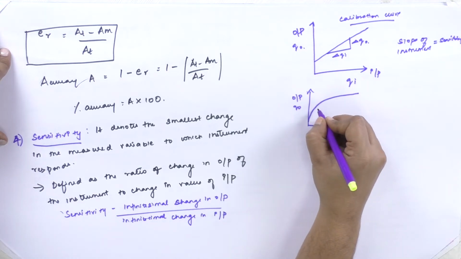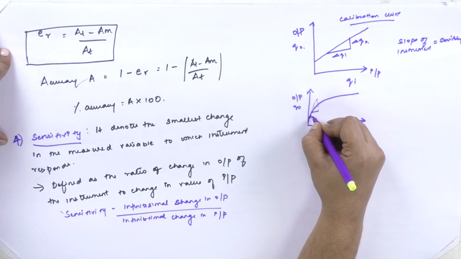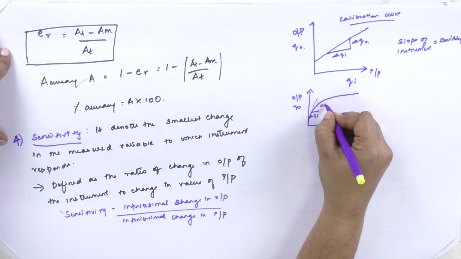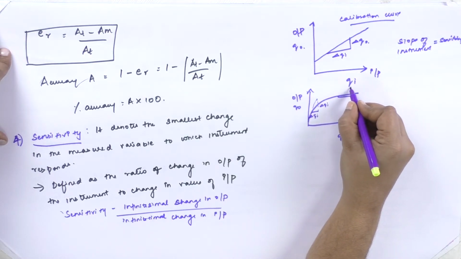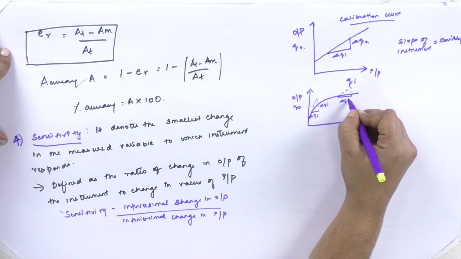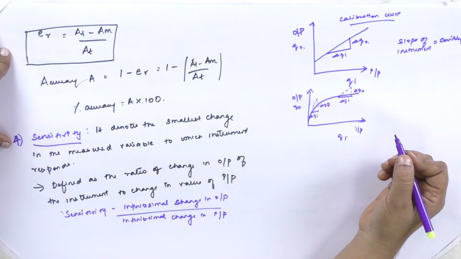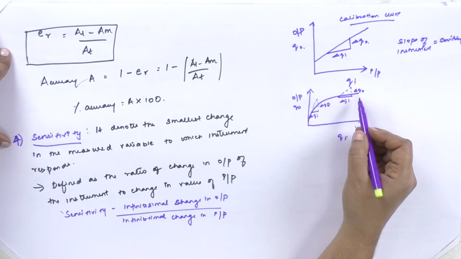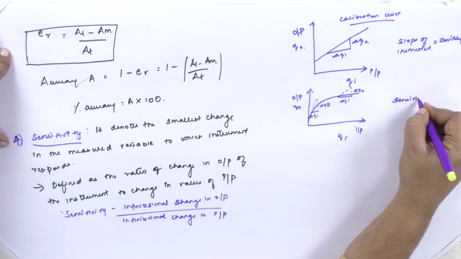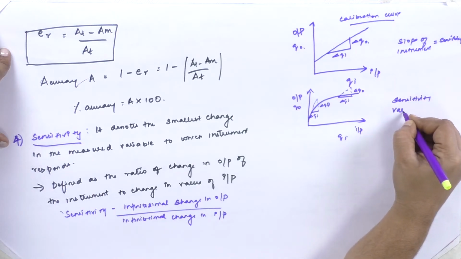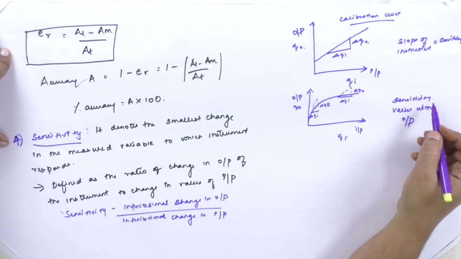Here the slope will be del Qo by del Qi, and the sensitivity varies with output.